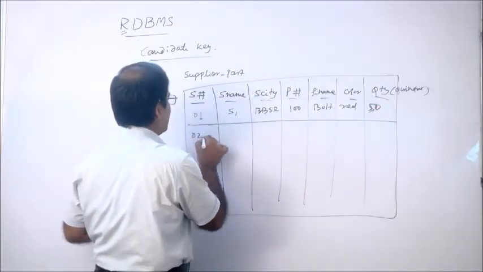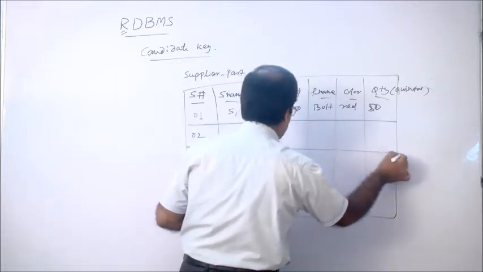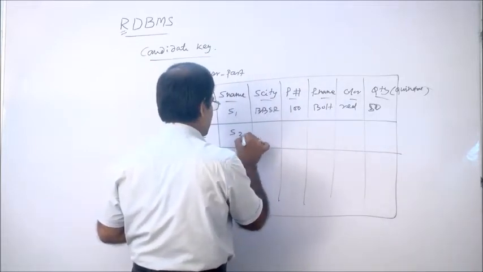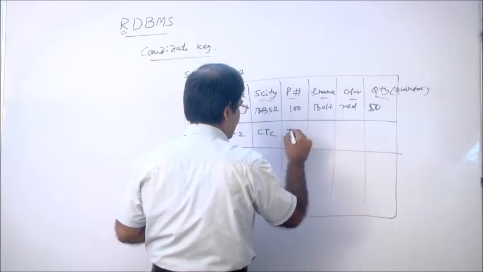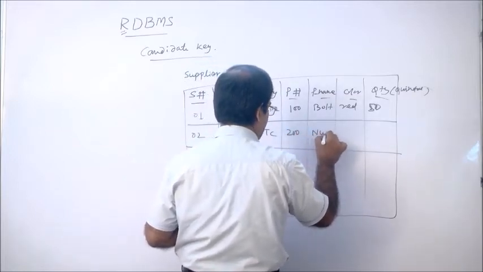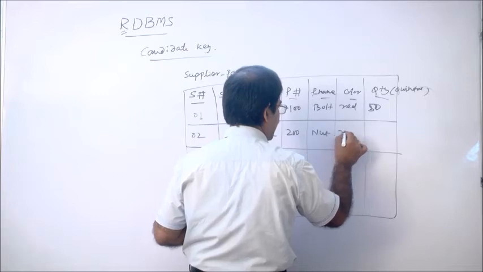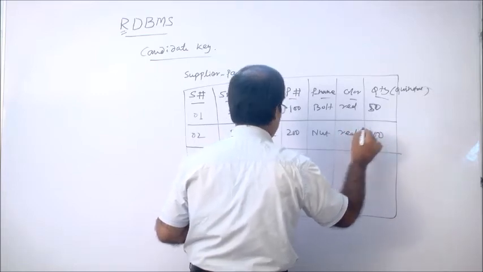Similarly, 02 is another supplier, S2, from, suppose, Cuttack. Part number let it be 200, color is, suppose, red, quantity maybe 100.